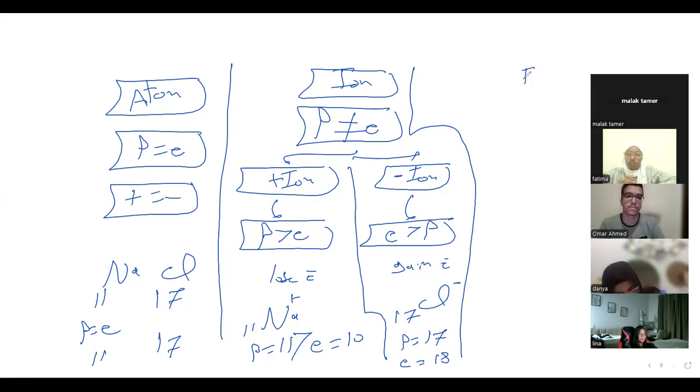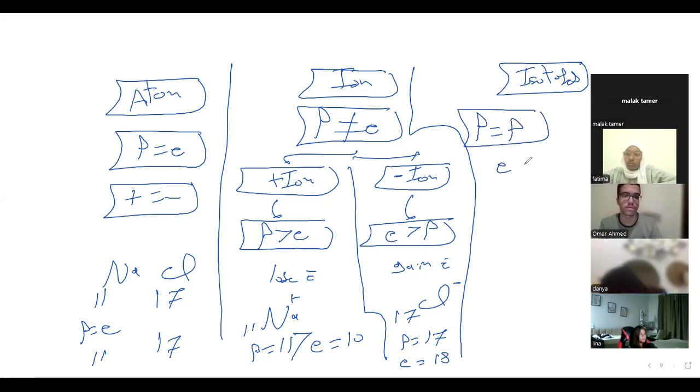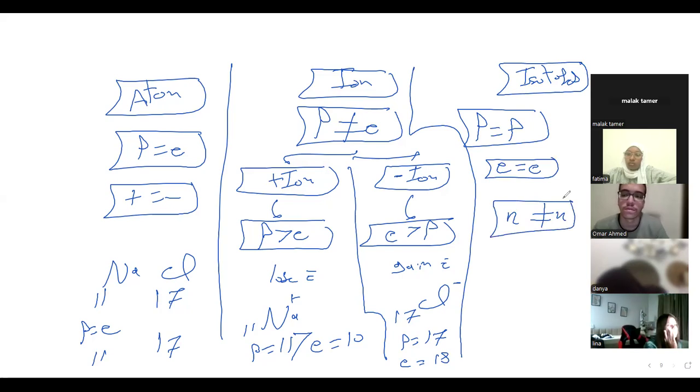Isotopes: protons equal protons, electrons equal electrons, but neutrons not equal to neutrons.